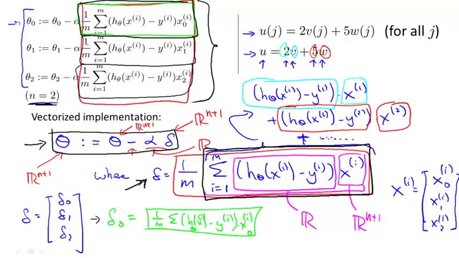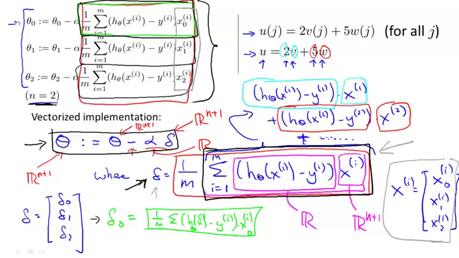And if it's still not clear, one insight is that this thing over here is exactly the vector x. So we're just taking all 3 of these computations and compressing them into one step with this vector delta, which is why we can come up with a vectorized implementation of this step of linear regression this way.